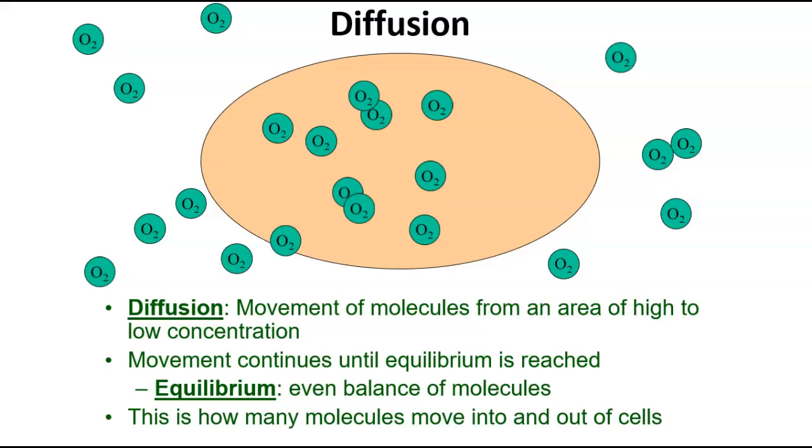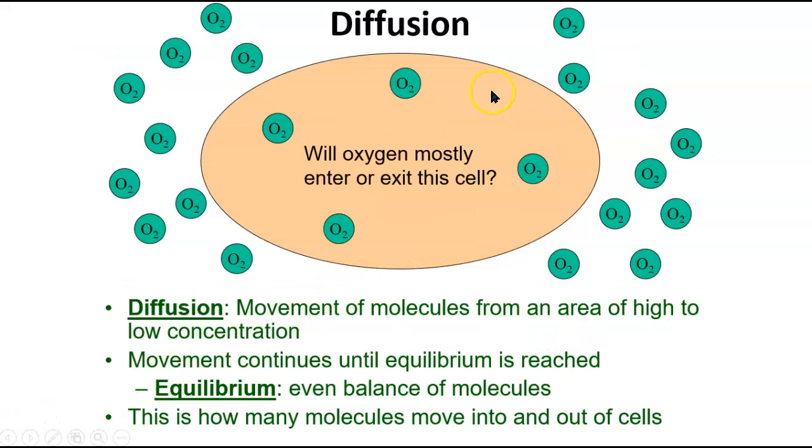All right, as you can see, there were some that moved in, some that moved out, but there were more that moved in than out. And the reason for that is because, to begin with, there were only 4 oxygen molecules inside the cell, and yet there were many outside the cell. So there was a much higher concentration of oxygen molecules outside the cell rather than inside.